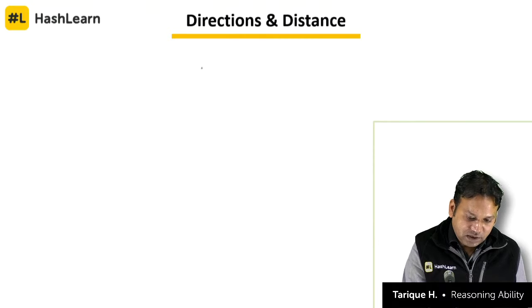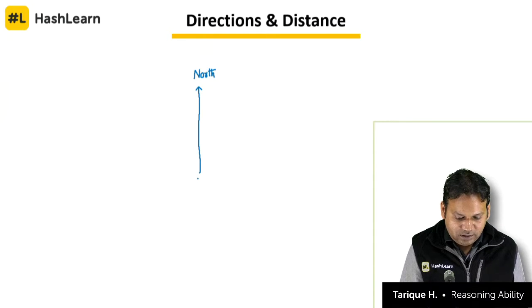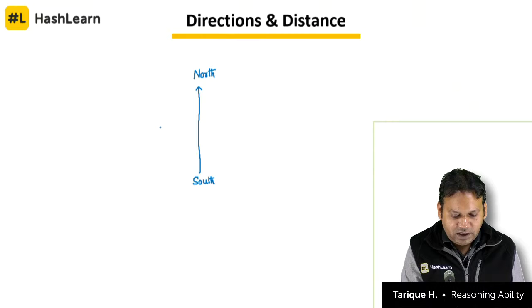As a part of the structure, let's first see what the principal directions are. We have the 4 main directions. The compass always points towards north, so this is north, and the opposite of north is south. And then we have east and west.